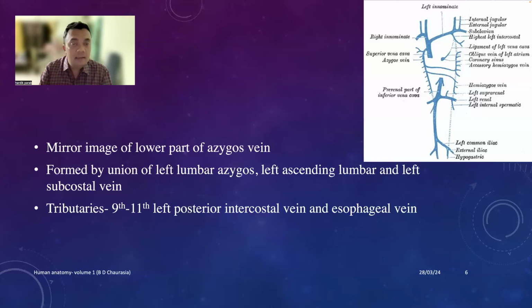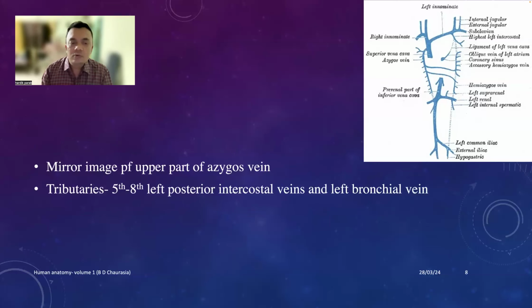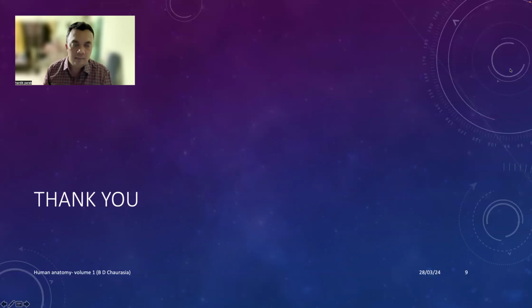The next and last one from this structure is the accessory hemiazygos vein, or superior hemiazygos vein. Superior by name, we can say this will be in the upper part. This is again a mirror image of the upper part of the azygos vein. Here we have the azygos vein, and the mirror image of the upper part of the azygos vein makes the accessory hemiazygos vein.